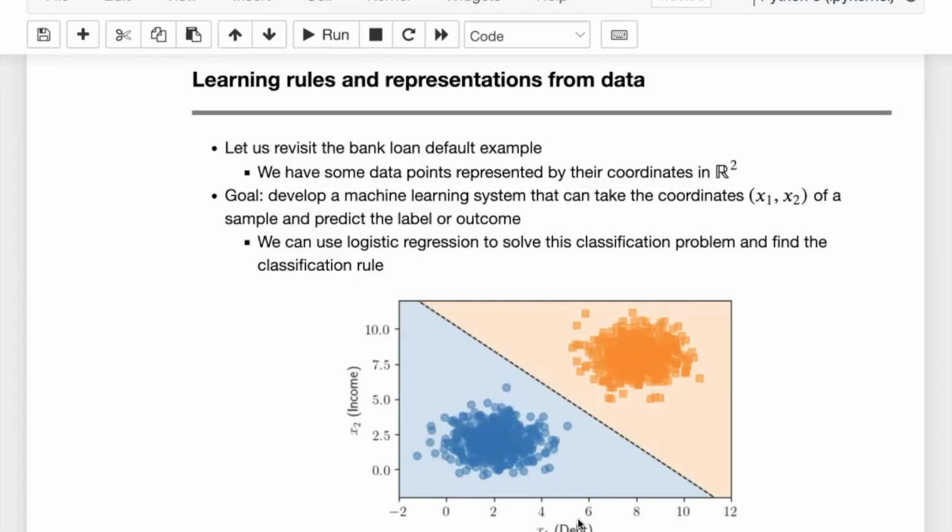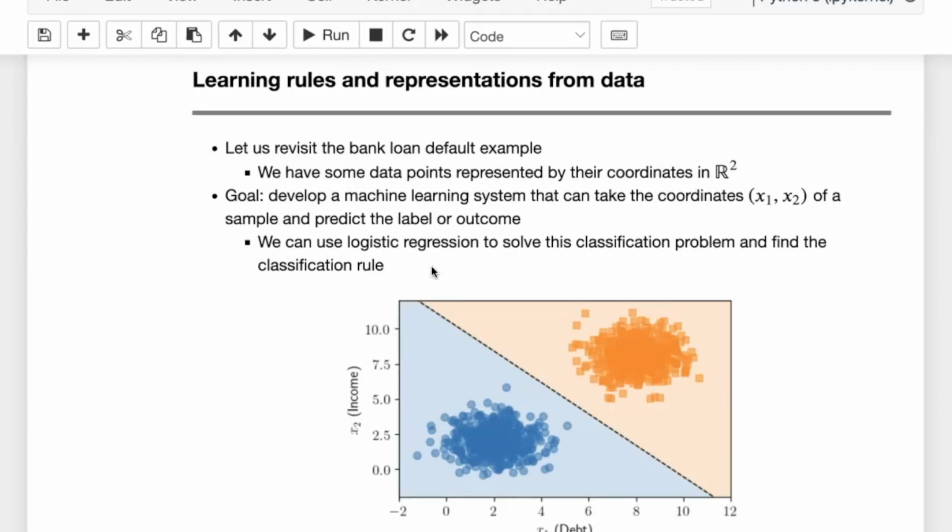And obviously, these numbers here are synthetically generated, so you can assume that these numbers can be multiplied by, let's say, $10,000 or $20,000 or something to be more reasonable. And so the goal here is to develop a machine learning system that can take the coordinates, these x1, x2 values of a new sample and predict the label or outcome for that, right?